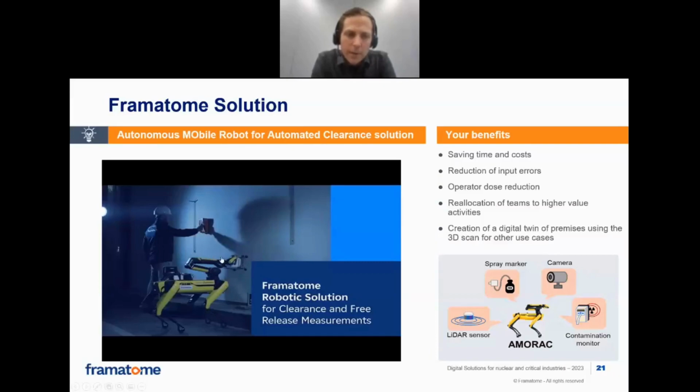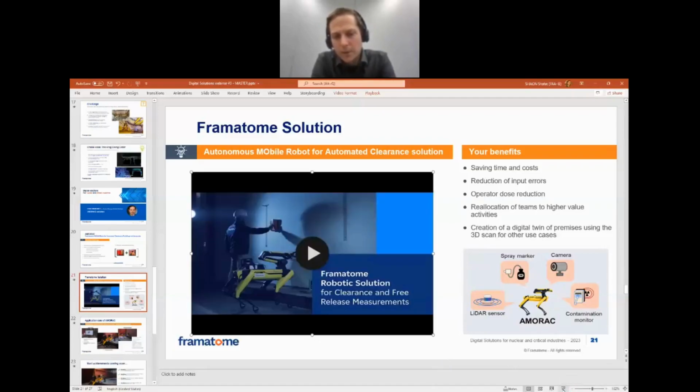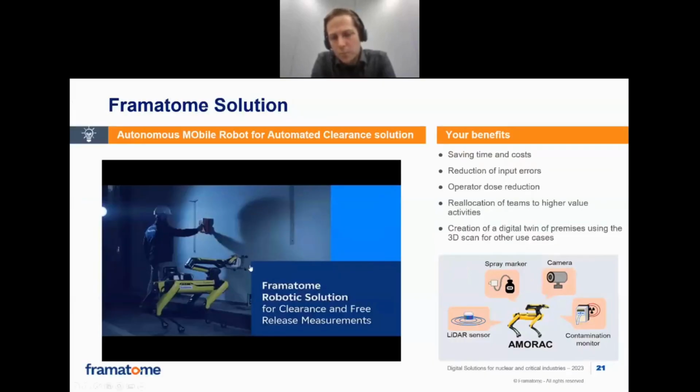You can see the first prototype of our idea, and on the right picture below, you can see what kind of developments we had to address to make this use case of clearance measurements.